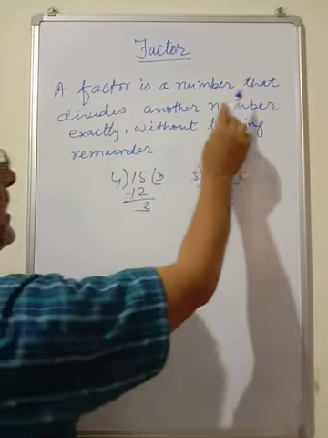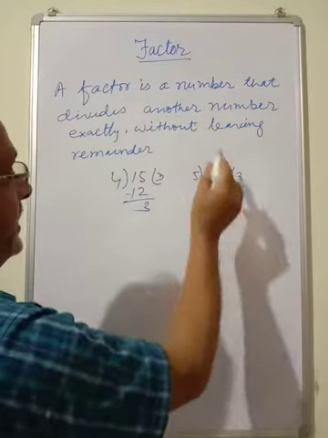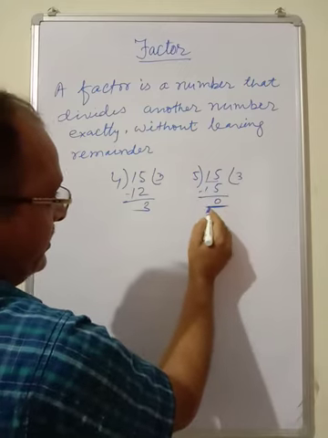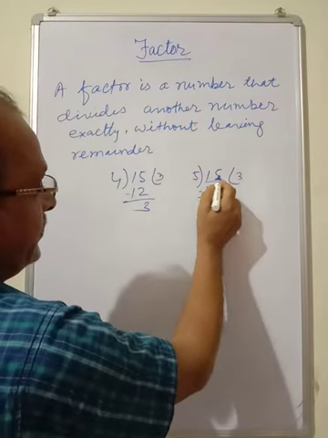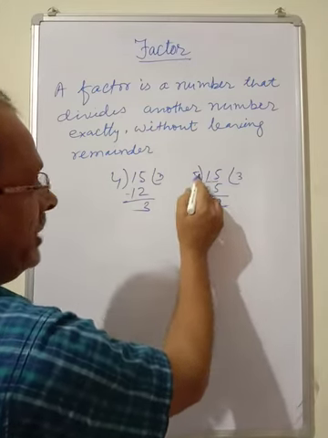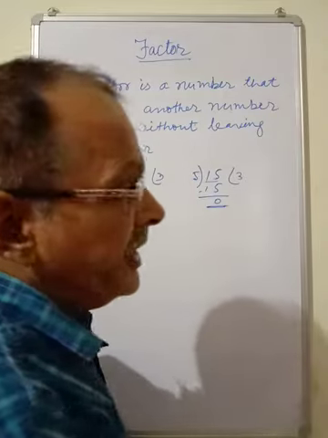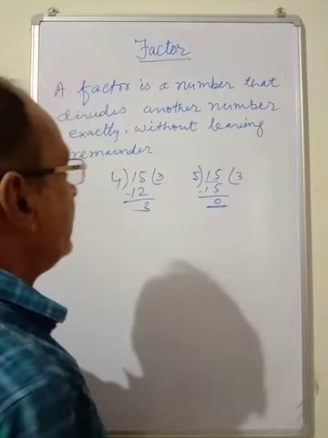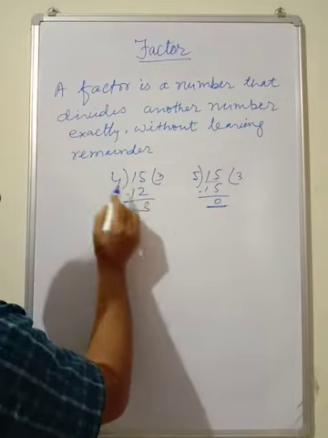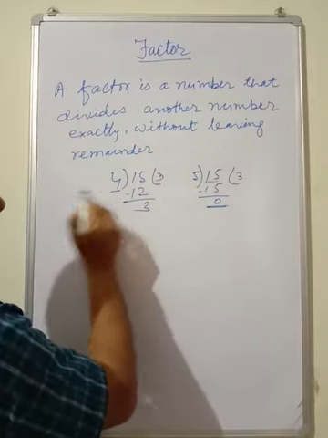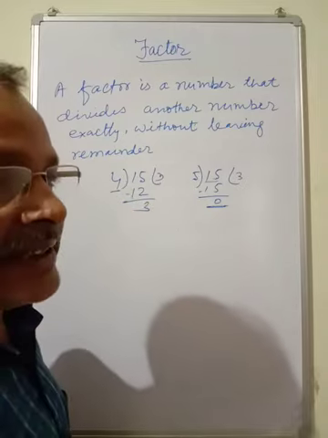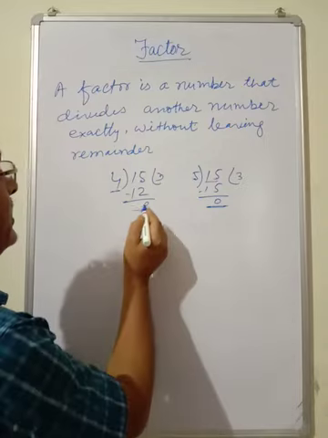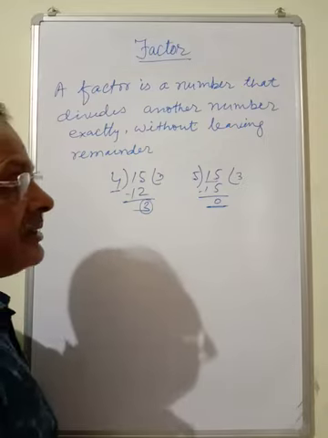A factor is a number that divides another number exactly. Here 5 is a factor of 15 because 5 divides 15 exactly, with no remainder. But in this example 4 is a divisor, but 4 is not an exact divisor. Why not an exact divisor? Because the remainder is 3.